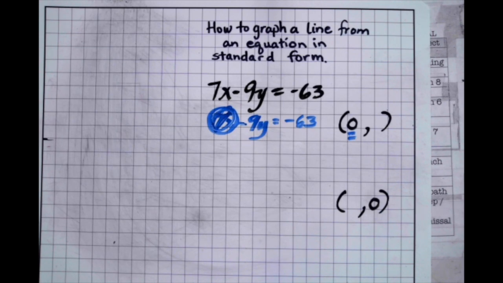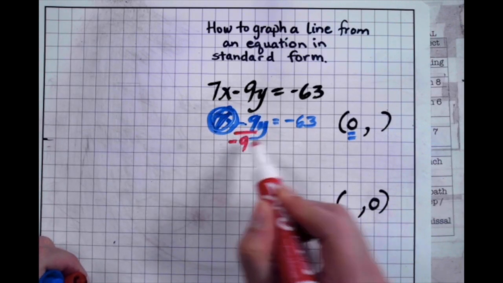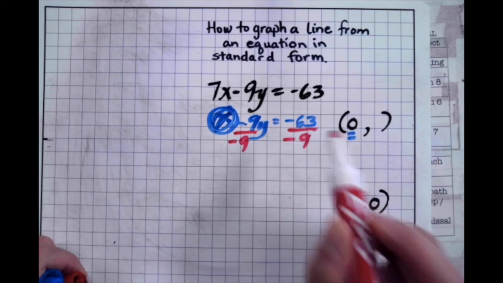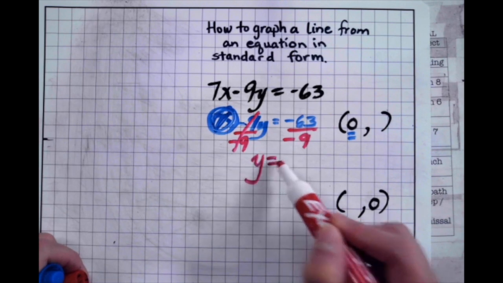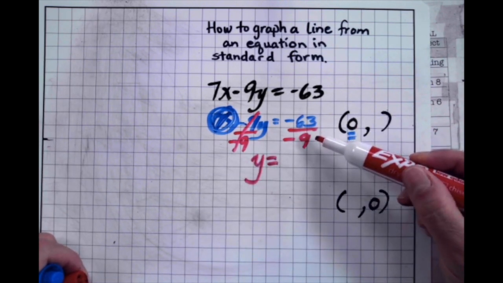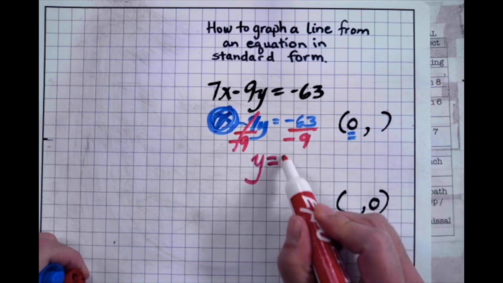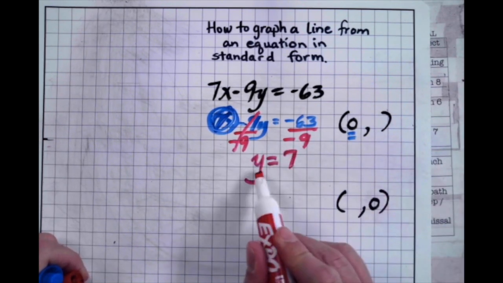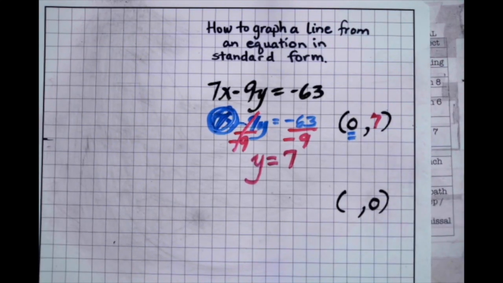So I'm going to solve that equation. And the way I do that is I divide both sides by negative 9, and this cancels out, and I have y equals, and negative 63 divided by negative 9 is a positive 7. So y is 7, so I'm going to put 7 right here where the y is.